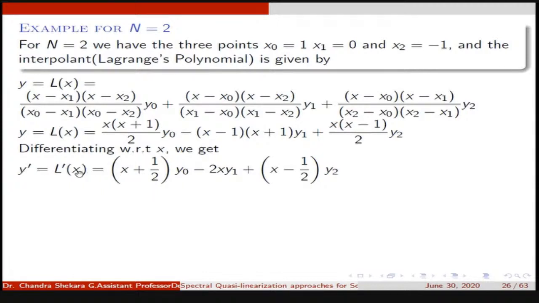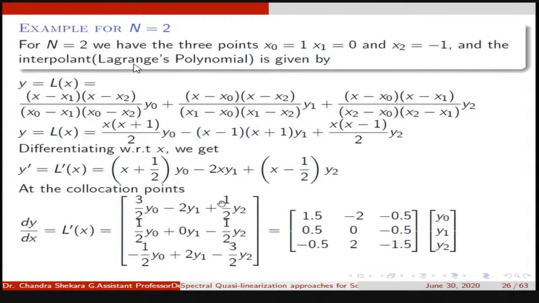Now y dash is nothing but L dash, and we evaluate this at each of these collocation points. x naught is 1, so if I evaluate at x naught, I get one equation. If I evaluate at x1 is 0, I get a second equation, and at x2 equal to minus 1, I get a third equation. So we can represent that as a matrix.